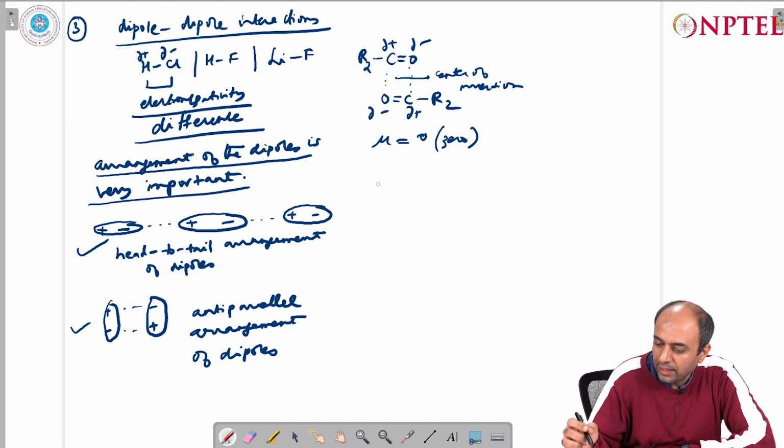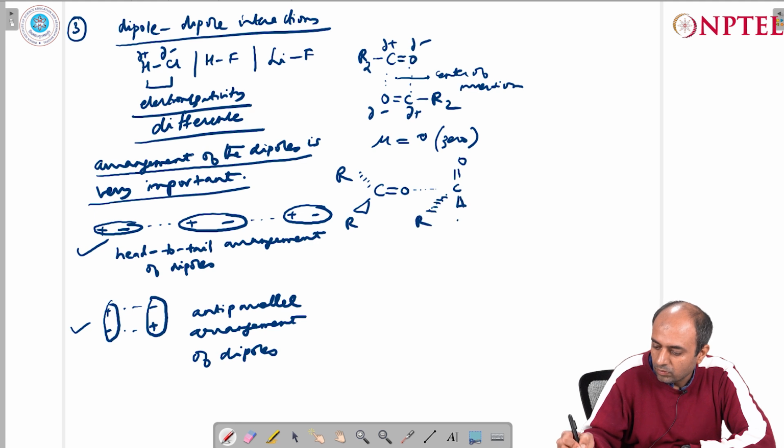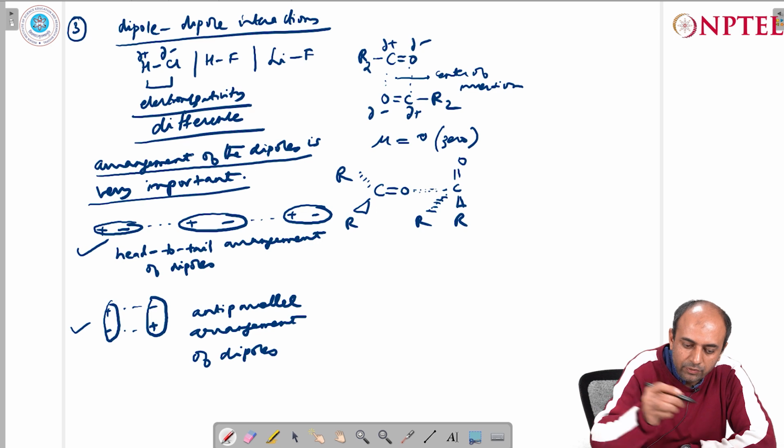And you can also have another arrangement of these dipoles. For example, you can have the carbonyl group interacting, the lone pair region interacting with the carbon. So this is the non-covalent region, I can draw it in a different color.